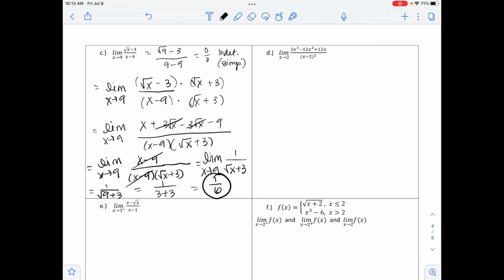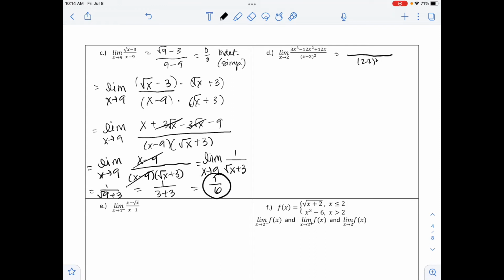The next example we have is D. And D says the limit as x approaches 2 of 3x cubed minus 12x squared plus 12x, all over x minus 2 squared. So right away I can see that 2 minus 2 squared in the denominator is going to cause it to be 0, which is going to be an issue. So let's see what the numerator is when we substitute in 2.